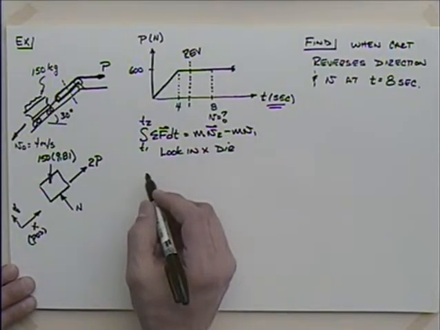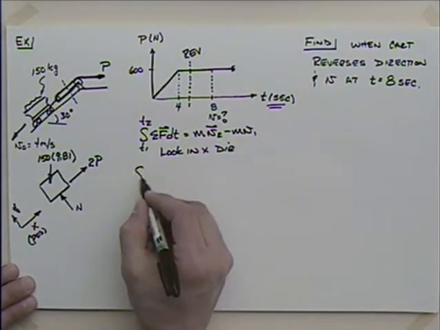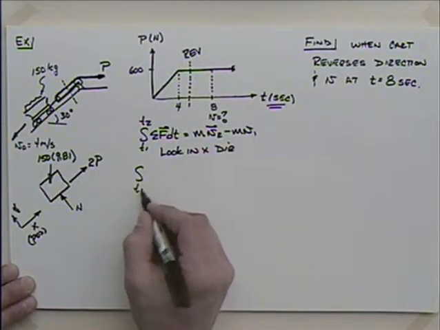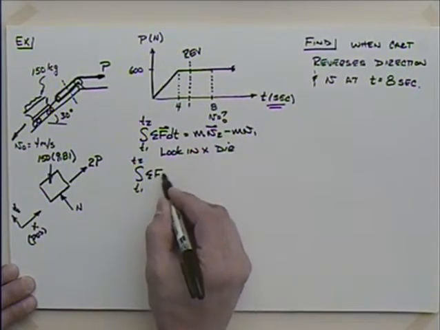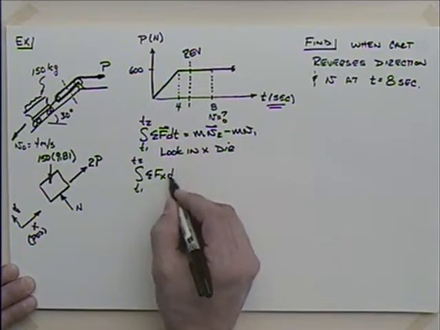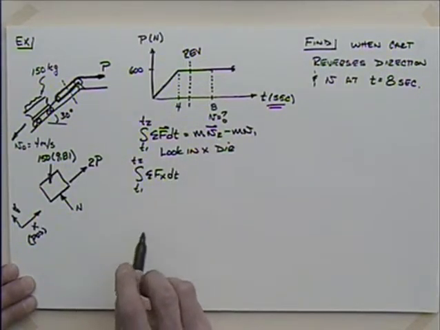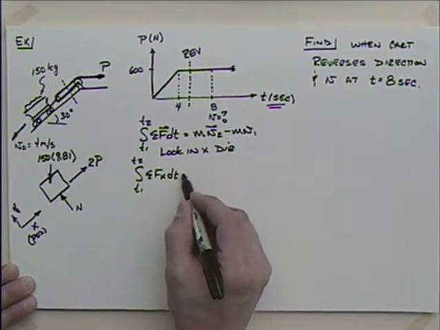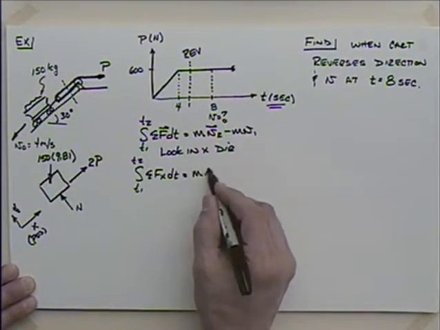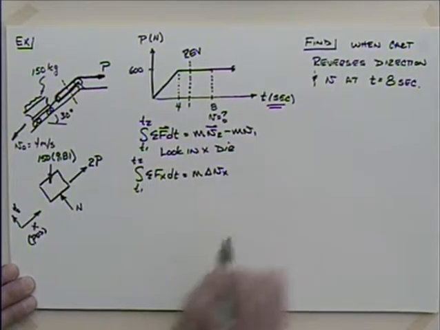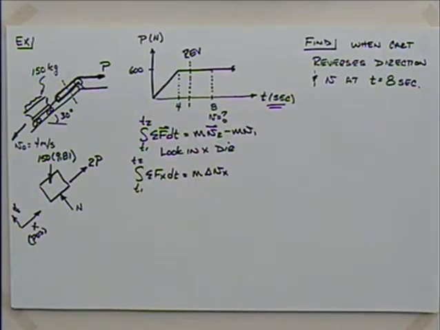So I'm going to say then that I have the integral from t1 to t2 of the sum of all the forces in the x direction. Okay, so I took the vector off of that. I got the x direction there. Is equal to the mass times essentially the change in velocity in the x direction. Okay, so I'm just looking in the x direction. I can break it up. I could look in the y direction too if I had stuff going in the y direction.